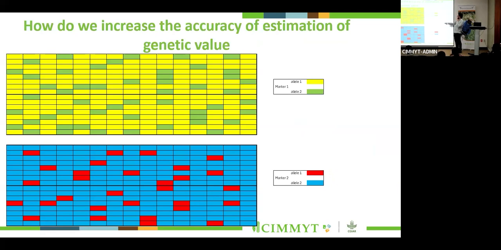The individuals in yellow have allele 1, green allele 2. This is another marker, and you'll have 1,000 or 2,000 markers. Allele 2 is blue, allele 1 is red. And if you think about it, you can say, well, what's the average yield of an individual with allele 1, allele 2? And then there's going to be a difference.